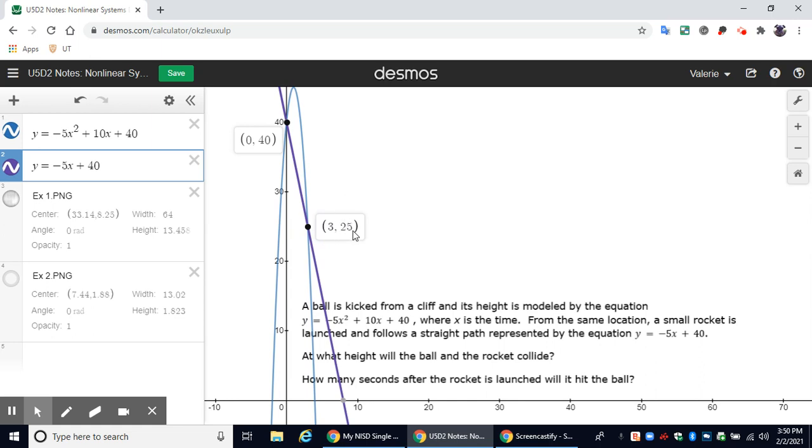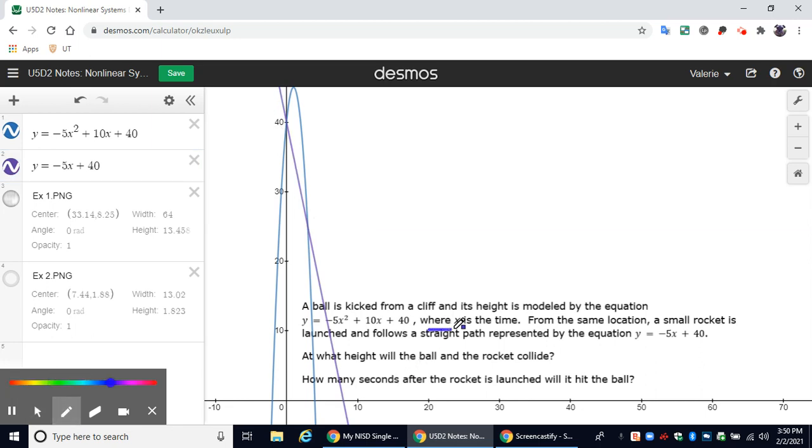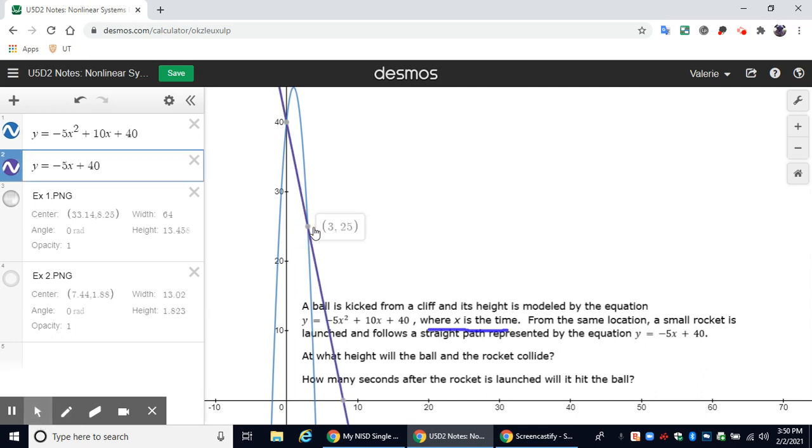So that is the point of intersection, but how do we interpret that point? So again, going back to that, x represents time, so in that point of intersection, the x value is going to represent your time, and the y value is going to represent the height.